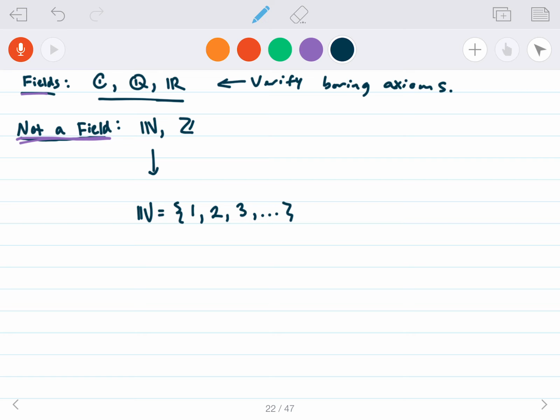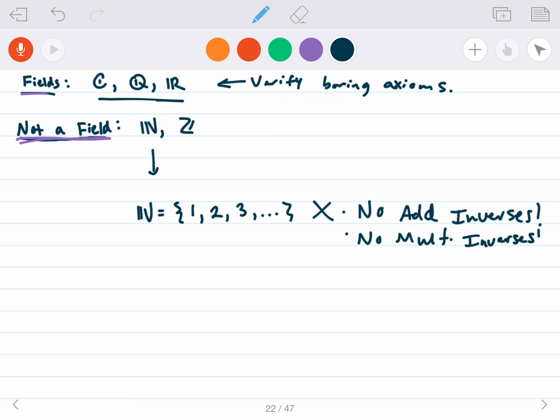The natural numbers aren't even what's called a ring, because they don't even have their additive inverses included. Like -1 is the additive inverse for 1, that's not included. So we can automatically say this is not a field: no additive inverses, and no multiplicative inverses. Really, not a field.